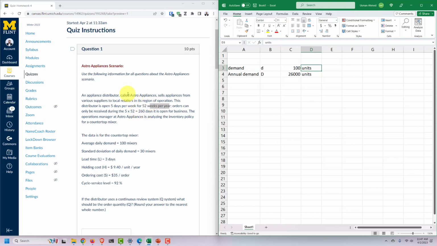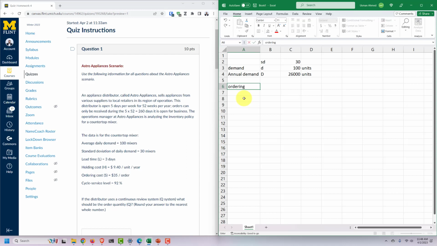Okay, so we have the standard deviation of demand, SD, standard deviation of daily demand, which is 30. What else? We have lead time, holding cost, ordering cost. So we need these holding cost and ordering cost for the Q calculation.